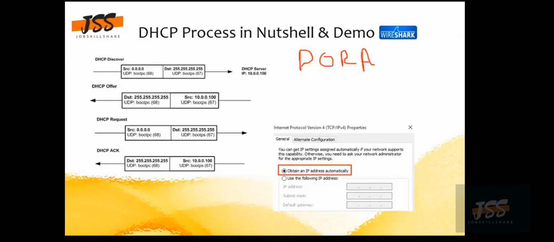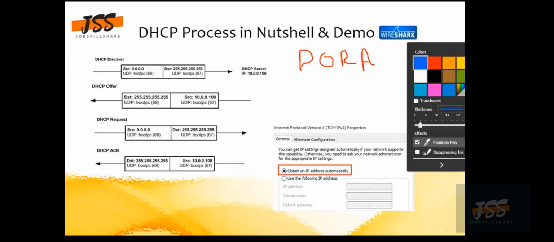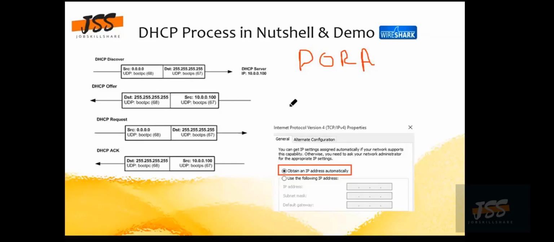So you also have to remember, in a DORA process, what are the things that correlate to servers and what are the things that correlate to the host machine. This is also a very good exam question as well as an interview question. So the Discover and the Request belong to whom?